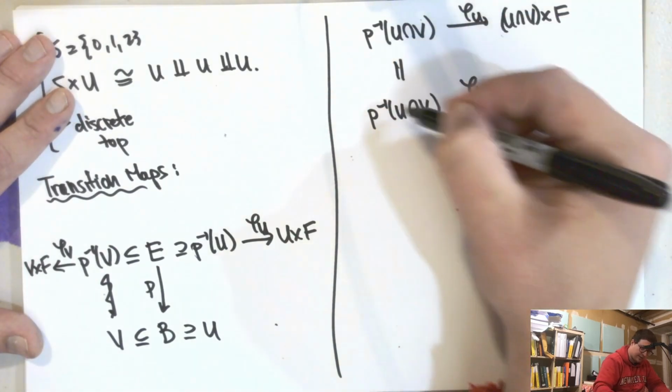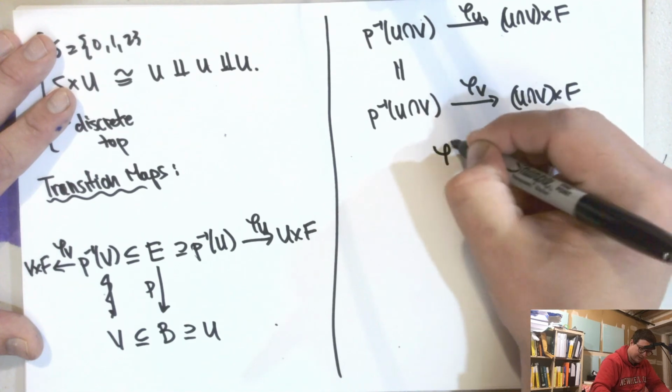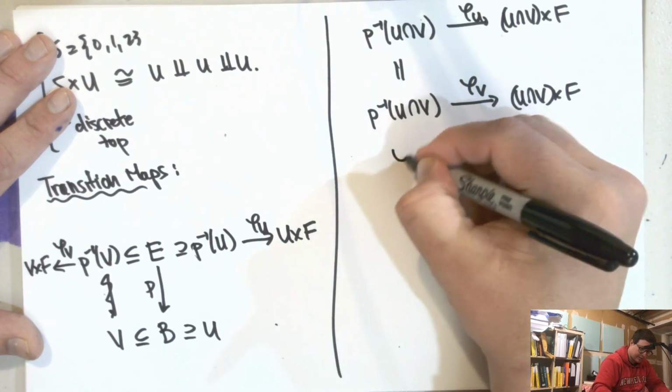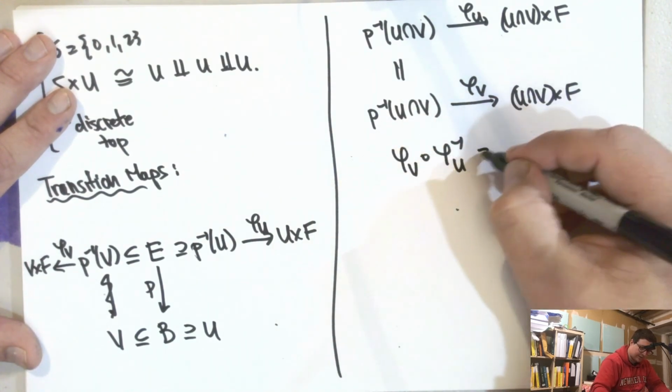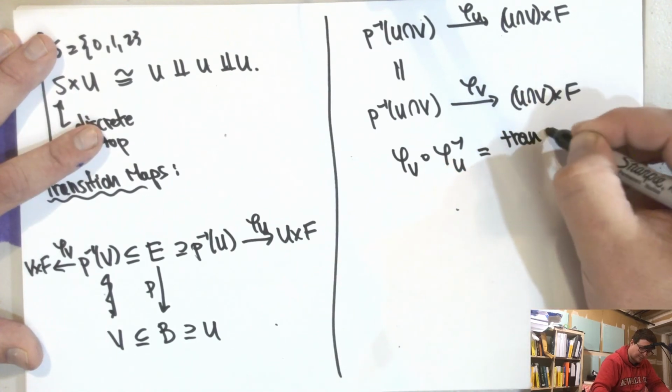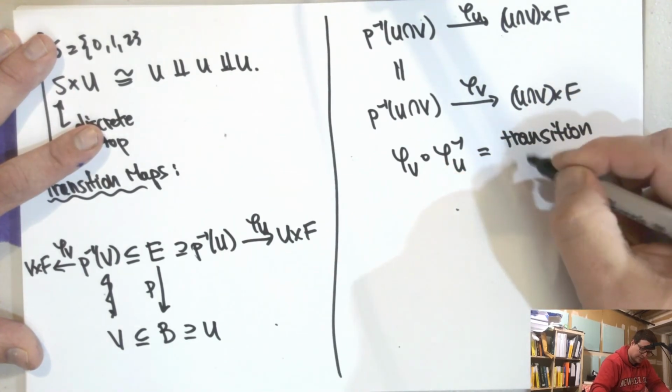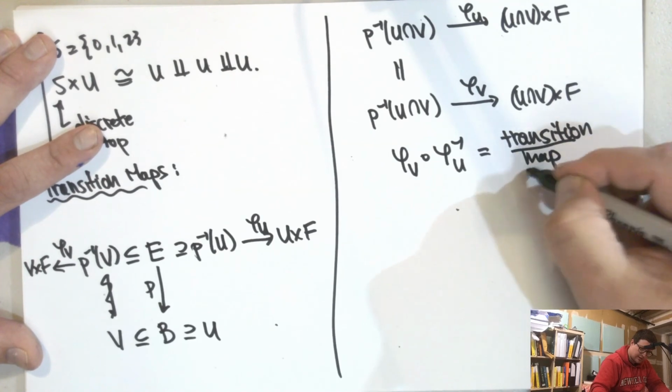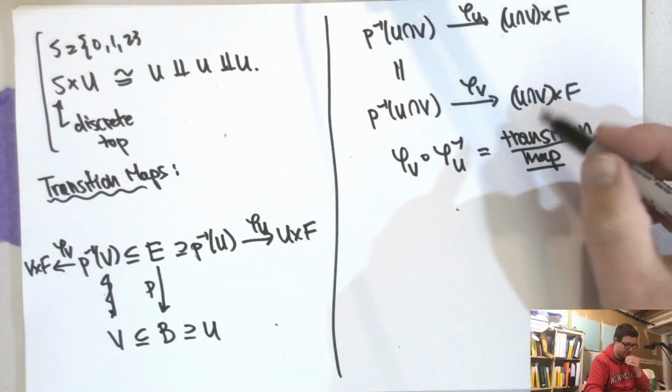So if I go like this, if I do phi V inverse composed with phi U, this is what's called the transition map from these two trivializations.